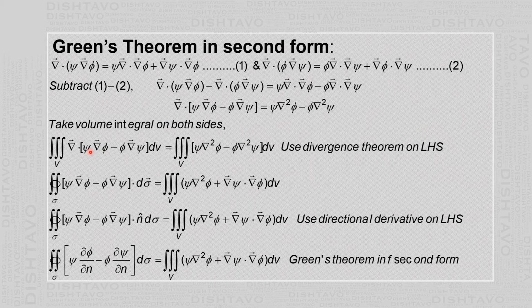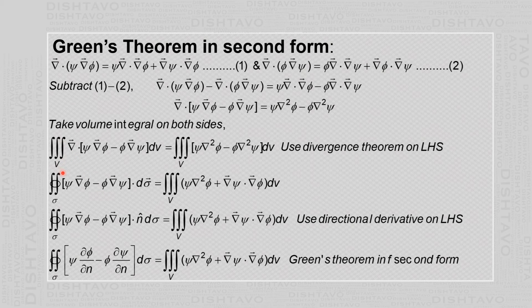Then on the left hand side, use the divergence theorem. When you apply the divergence theorem on the left hand side, that volume integral of the divergence of the function, that is del dot function, where the function is psi grad phi minus phi grad psi, is equal to the surface integral of the function.